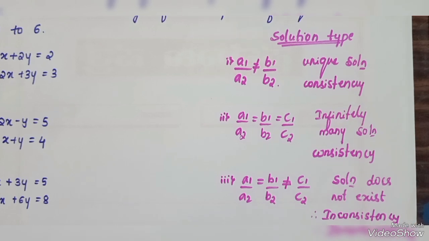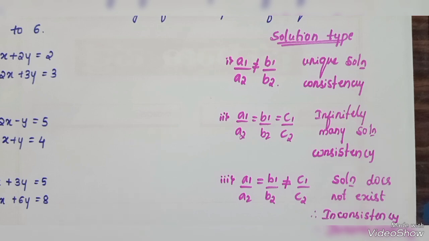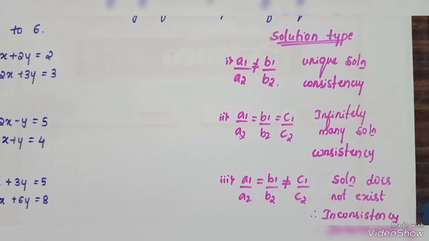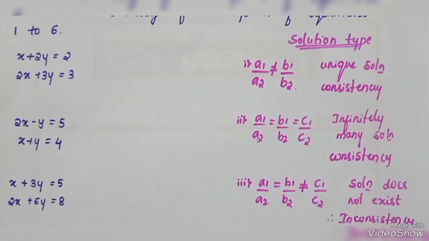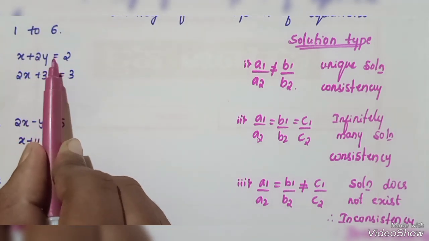Now we have three solution types: one is a unique solution, another is infinitely many solutions, and then no solution. We have to check these solution types for exercise problem 1. Here they gave the equation x plus 2y equals 2.